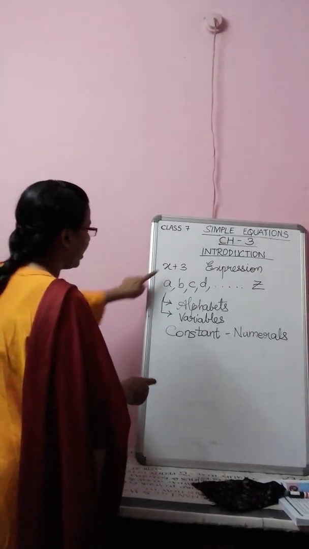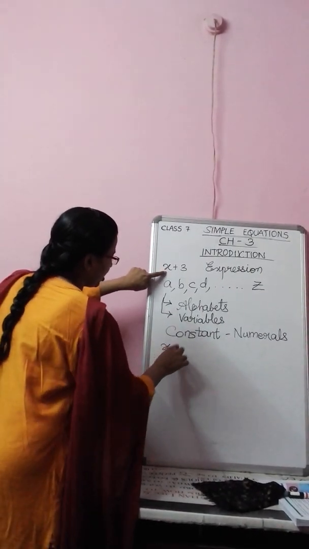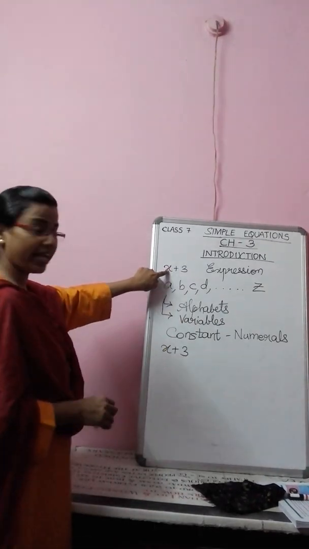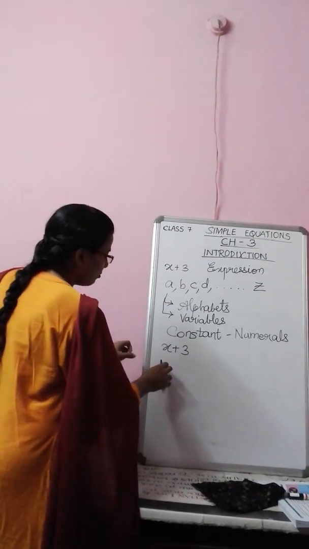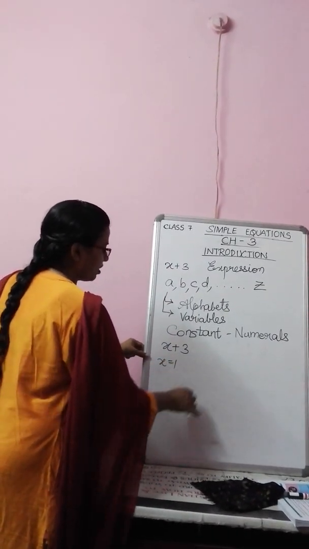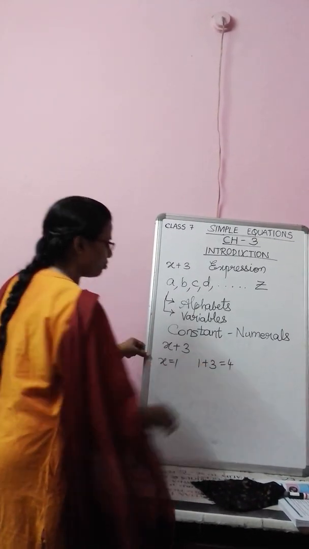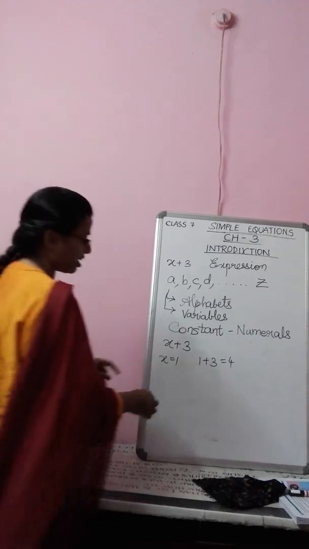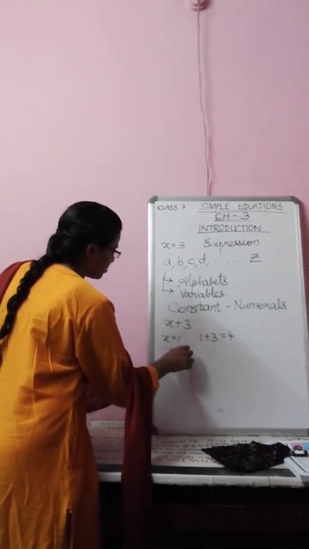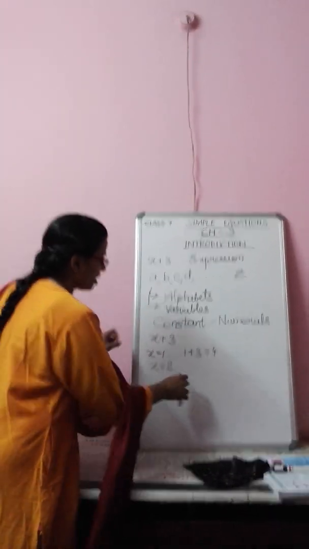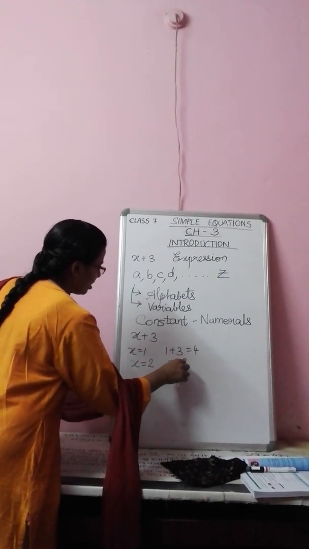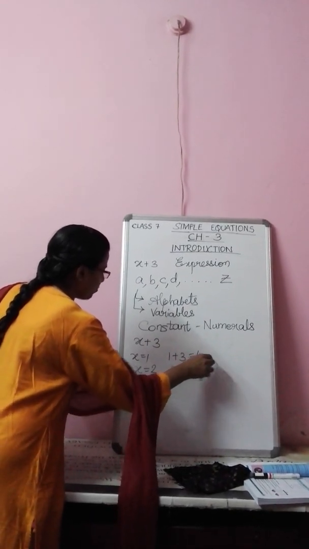Now, this expression I am writing, in the place of x, I am going to take 1. When I take 1, 1 plus 3 is equal to 4. If I substitute 2 in place of x, I will get 2 plus 3, which is equal to 5.